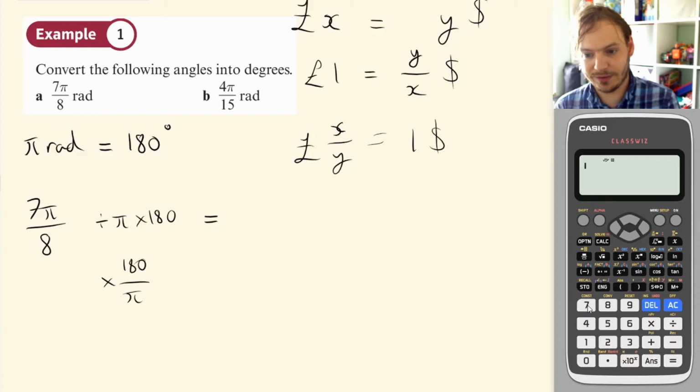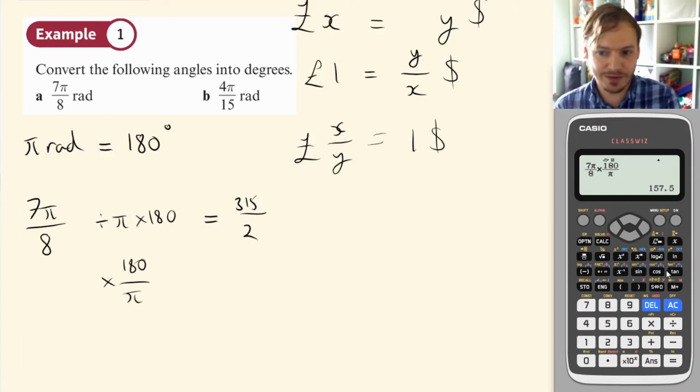So on the calculator, 7 pi over 8 multiplied by 180 over pi. Hit equals, get 315 over 2. Now, fractions aren't actually terribly useful when we're in degrees, so let's convert it to 157.5 degrees.